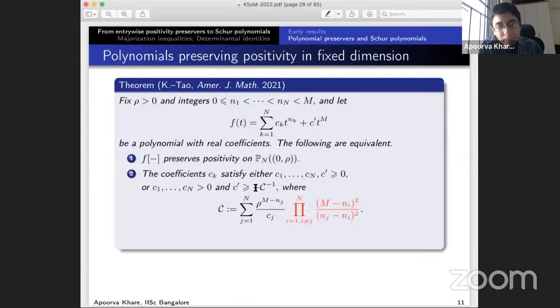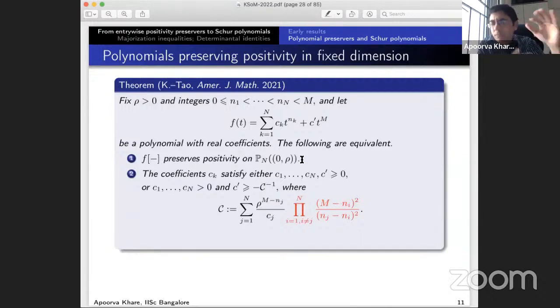It is at least some negative number, or something bigger than that. This threshold is given by an explicit formula in terms of these coefficients and the powers, and that's all. And the size basically. I am only allowing matrices like correlation matrices, or matrices with entries between 0 and 1, and so on.